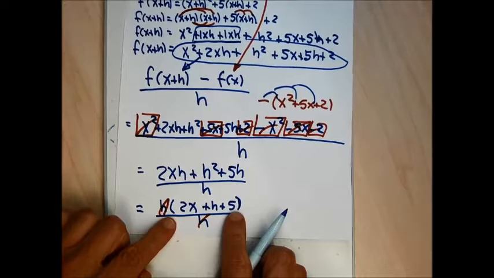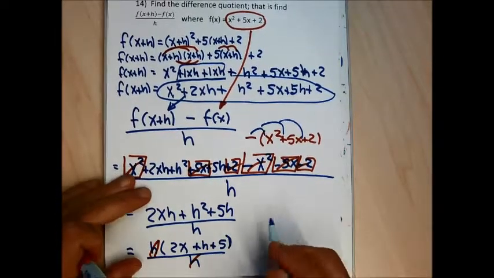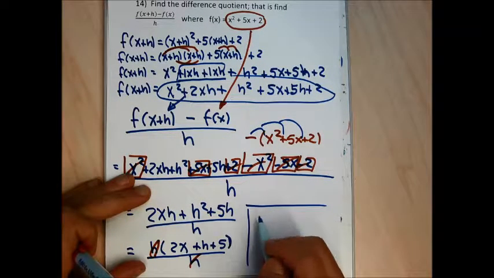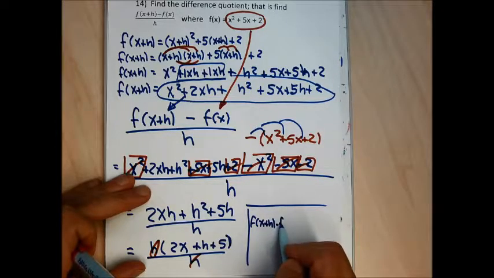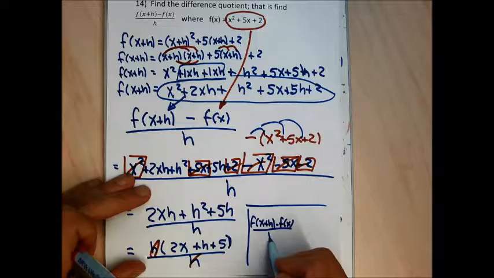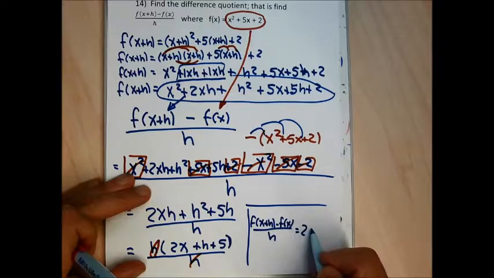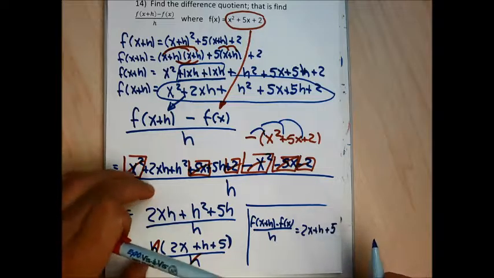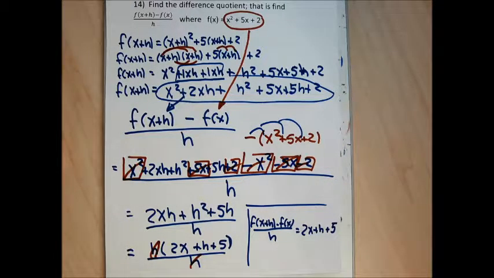What's left in the numerator is my answer, and I don't need the parentheses anymore. My answer is the difference quotient, f of x plus h minus f of x over h equals 2x plus h plus 5, and you'll do that a ton if you take regular calculus or brief calculus, so it's real important to do.